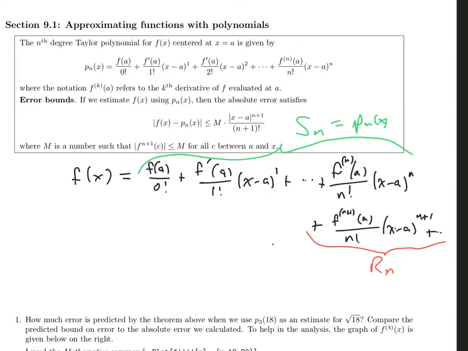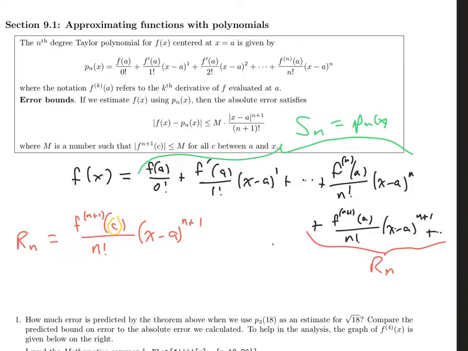So what's interesting is the theory tells us that the R sub n part, actually it is an infinite sum, but there's a theorem that tells us that that whole infinite sum is actually equal to just this part, nothing else, just that next term, with the key difference being that here I'm not evaluating at a.